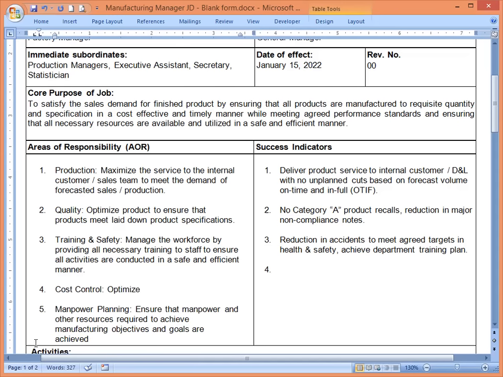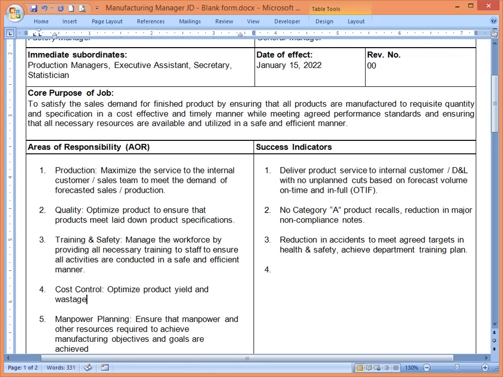Okay, optimize product yield and wastage. You know, there are actually about 7 wastes in manufacturing, but that's another training, another topic.